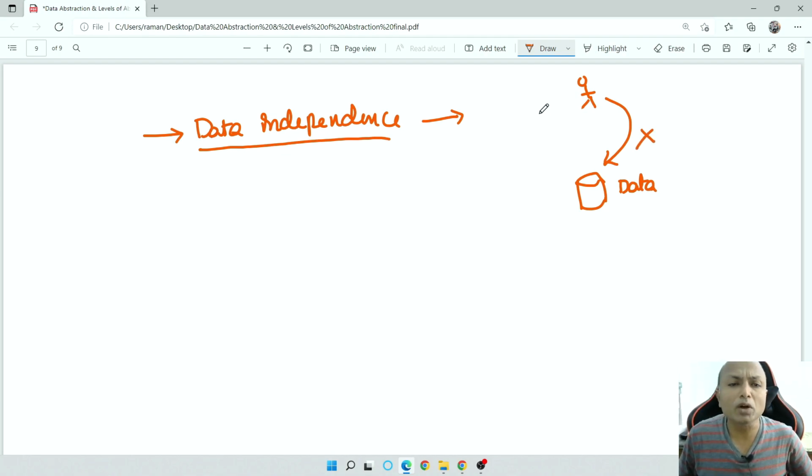Here we can conclude that we are using these three levels of abstraction only to achieve data independence. In the next class, we will discuss what data independence is, how we can achieve it, and its various levels. Thank you, one and all.